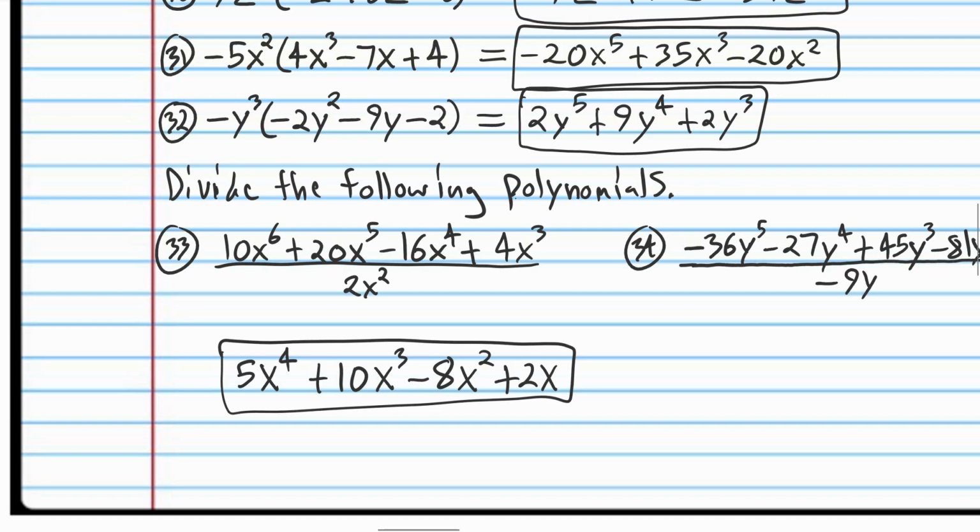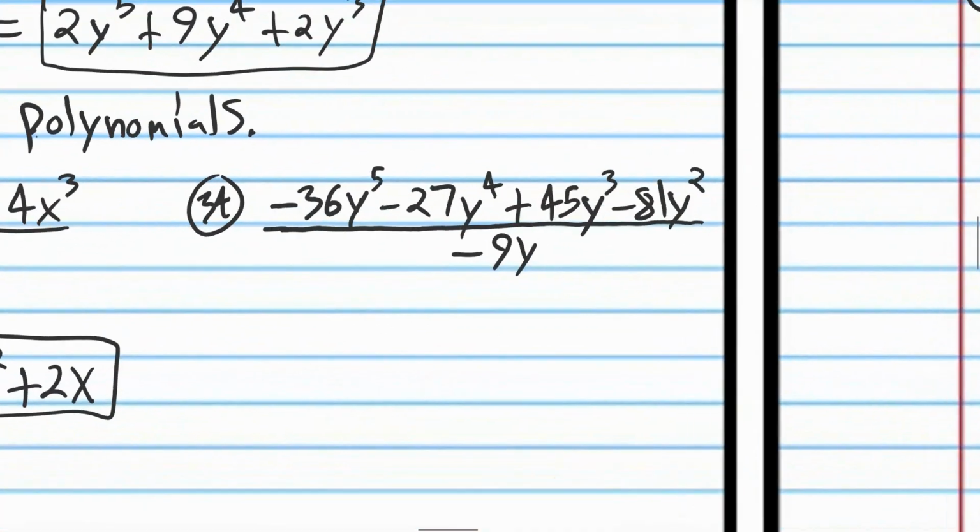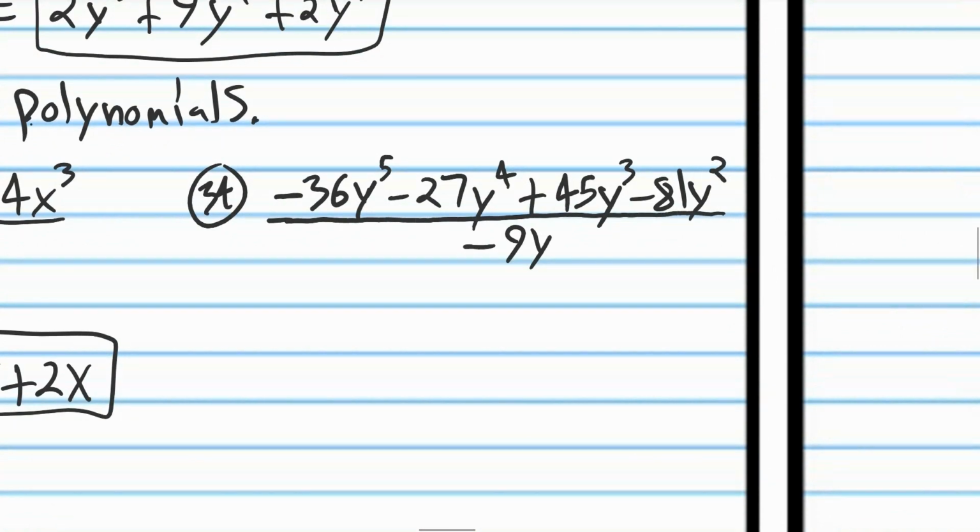All right, everything looks correct there, so let's go on to 34. Let's try another one together. So negative 36 divided by negative 9 is positive 4. And y to the 5th over y would be y to the 4th. Again, you're subtracting the powers. And negative 27 divided by negative 9 is positive 3. And y to the fourth over y, again, just subtract the powers, so it'll be y to the third power.